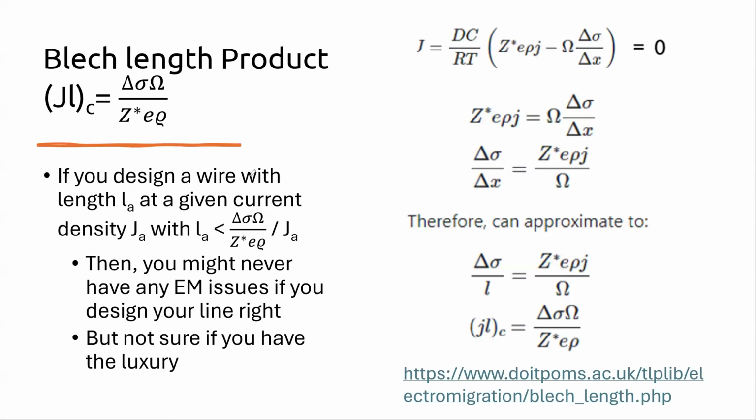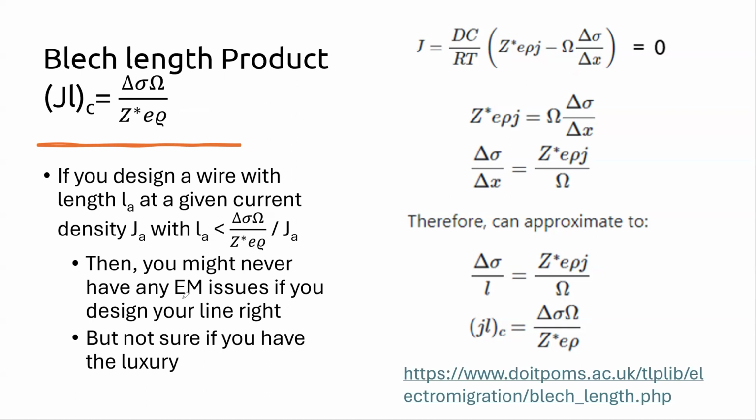And this one already introduced the Blech length product. All right. This product, if you design your length right, this is a derivation of that. We showed it earlier, right? We showed already that this is the gradient of the stress. This is from the electron wind. If the net flux is zero, then you get the Blech length product relationship.